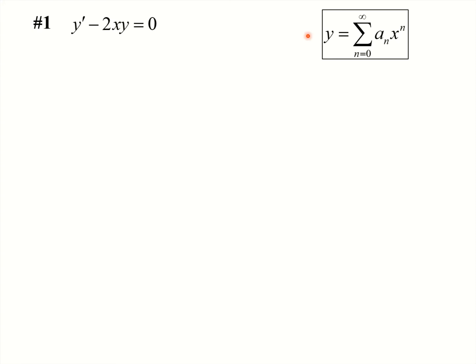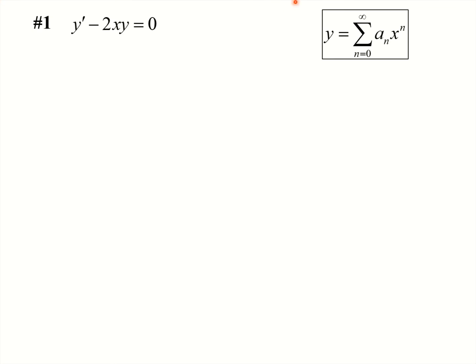When we write that, those are centered at x equals 0, because this is an (x minus 0) inside parentheses to the nth power. And we'll talk about that at the very end.